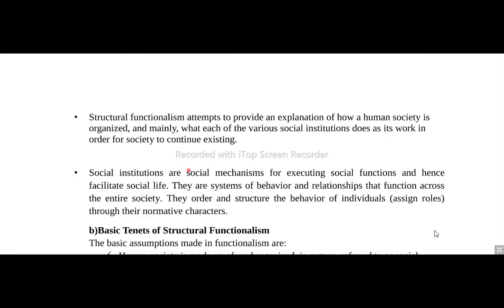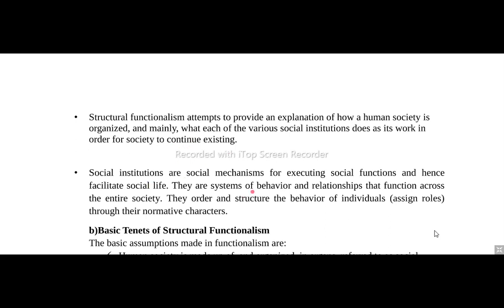Structural functionalism attempts to provide an explanation on how human society is organized, and mainly what each of the various social institutions does as its work in order for society to continue existing. So when you talk of sustainability, it's continuing to exist and the like.